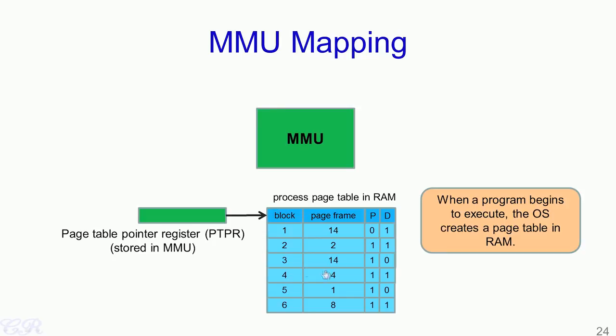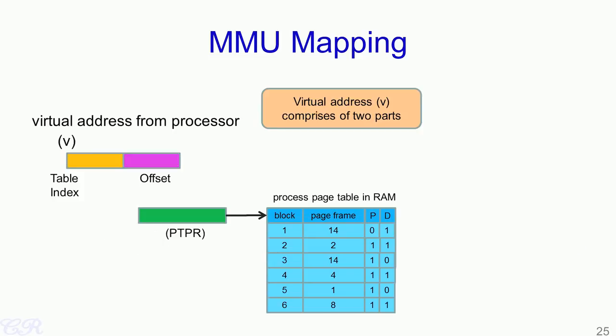Let us see how these things are used to provide the mapping from the virtual address space to the physical space. The virtual address which is sent out by the processor core comprises two parts. It has a table index, which is a few bits of typically the most significant bits of the address, and an offset.